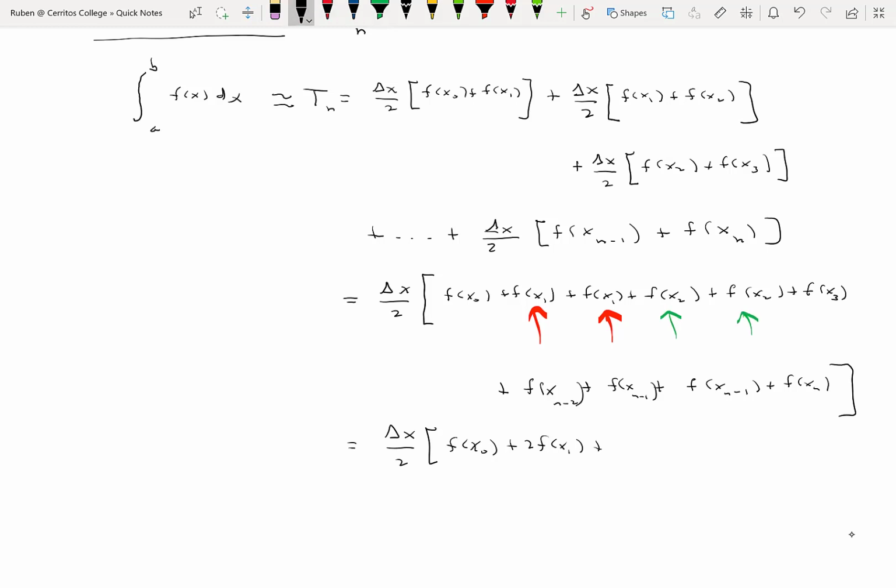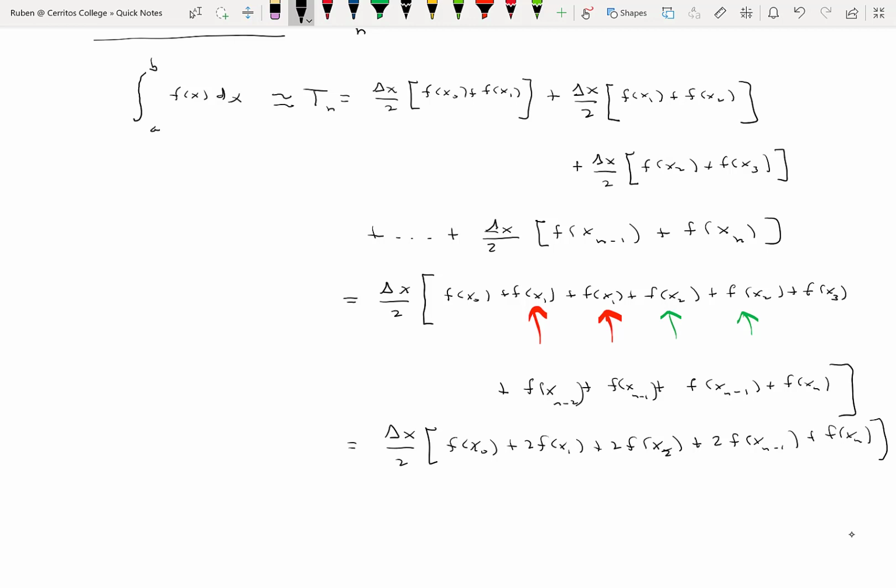In fact, we have 2 times each of the next terms, each pair, until the next to last one, 2 f of x sub n minus 1, and we have an isolated f of x sub n.